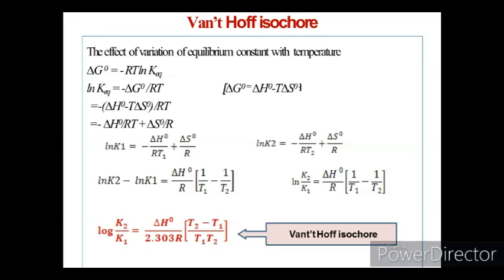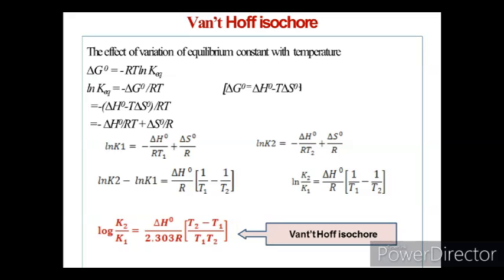I have substituted the value of delta G0 here. Therefore, minus delta H0 minus T into delta S0 by RT. Removing the bracket, ln K equals minus delta H0 by RT plus delta S0 by R. It is the general term. This is applied for the forward reaction as well as the backward reaction.